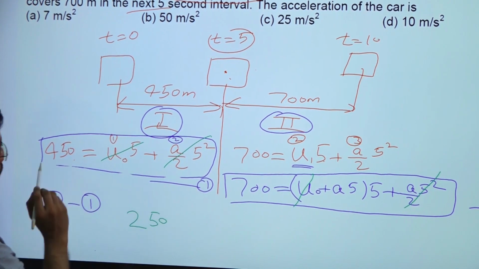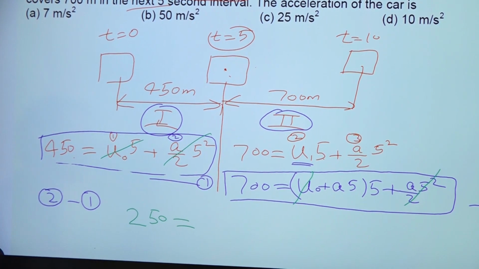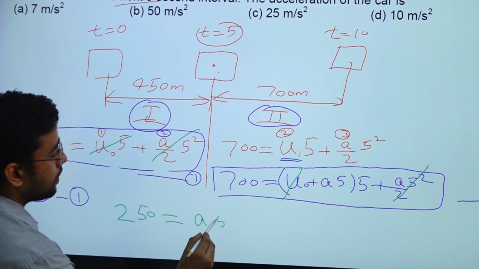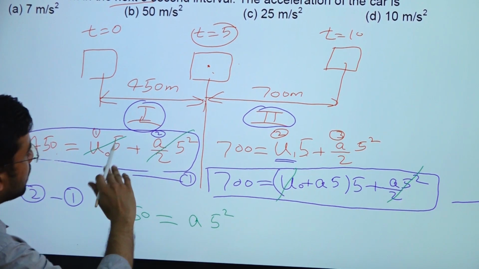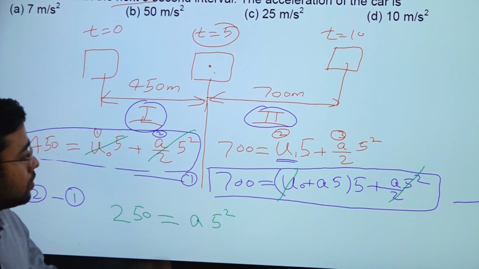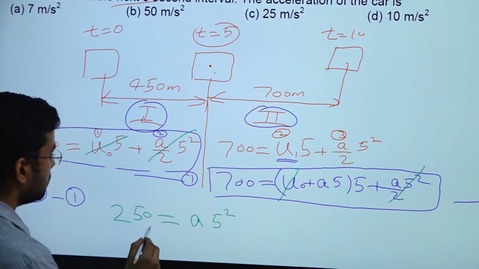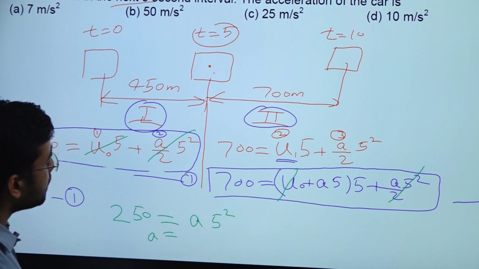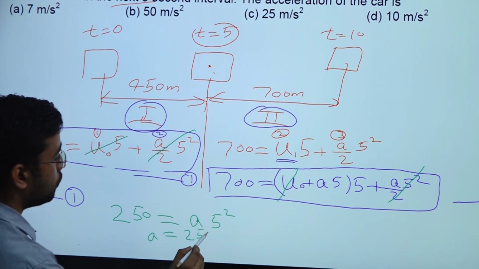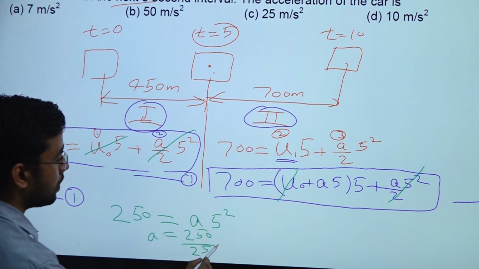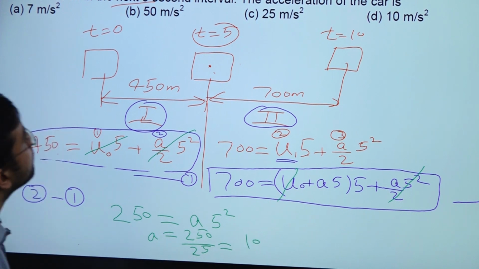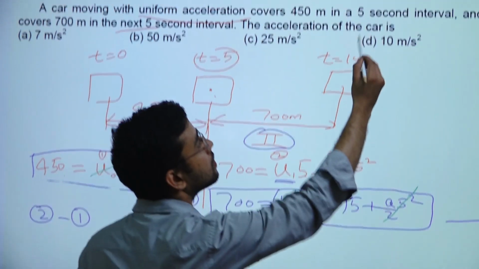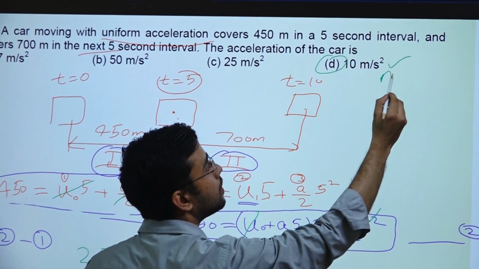So 700 minus 450 is equal to a into 5 square, because all the other terms are cancelled out. So what will a be? 250 by 25, that will be 10. So the answer will be 10 meter per second square. That will be our answer.